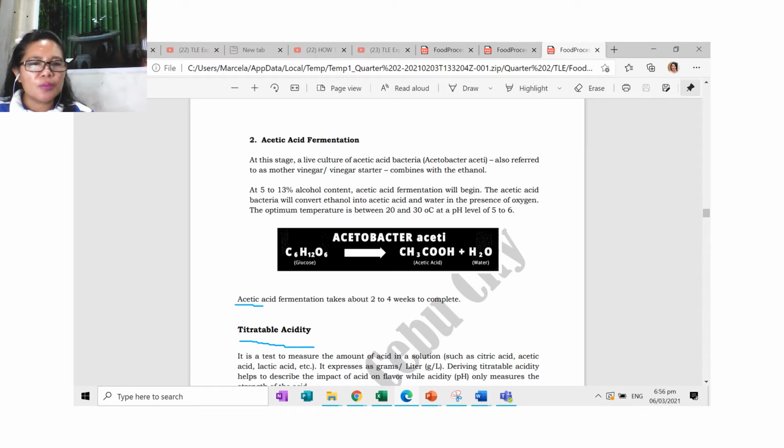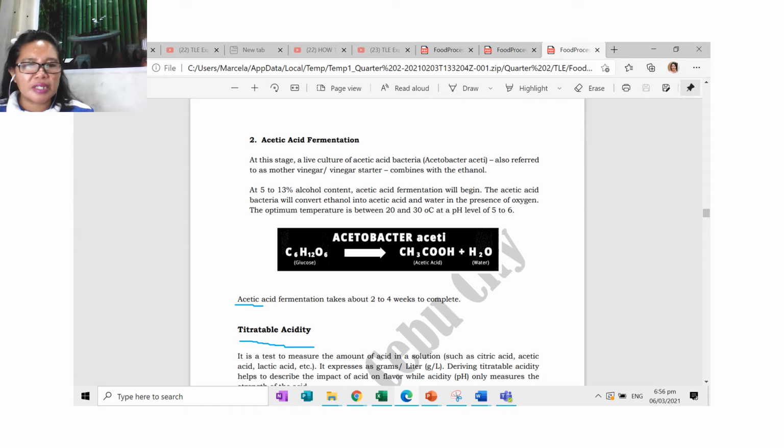So, here, proceed na ta sa titratable acidity. What is titratable acidity? It is a test to measure the amount of acid in the solution, such as citric acid, acetic acid, lactic acid, etc., and expressed in grams per liter.